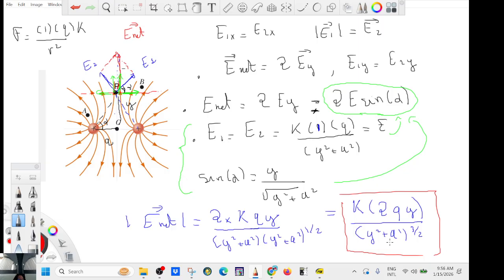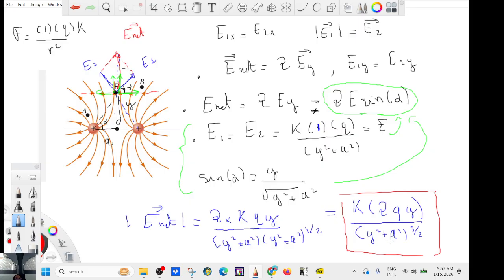Then usually you want to check if this makes sense, and you ask, what's going to happen at a really big distance? So the distance y here, I want that to go to infinity, very, very big, or very big compared to a.